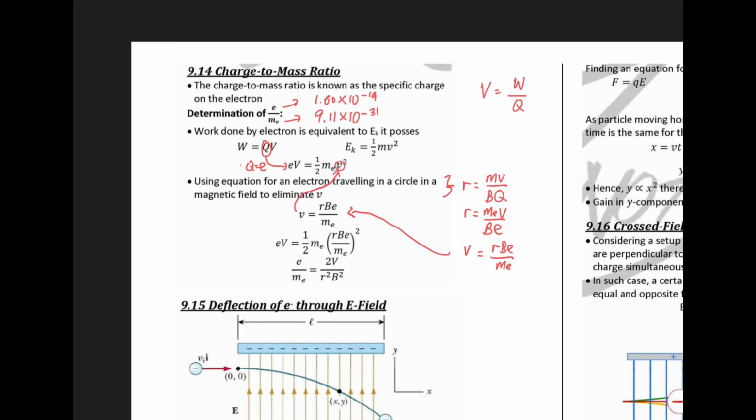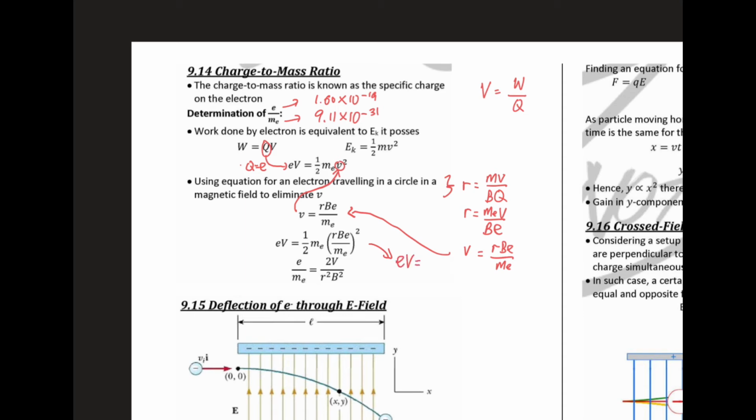You can see this part changes already. The rest remain the same, and v is substituted by this, then you have to square it. Let us skip all the steps.